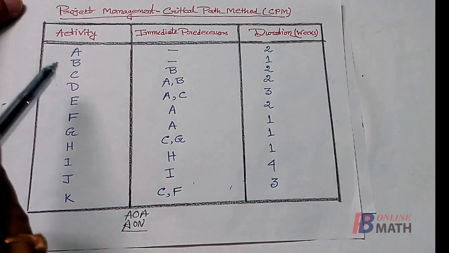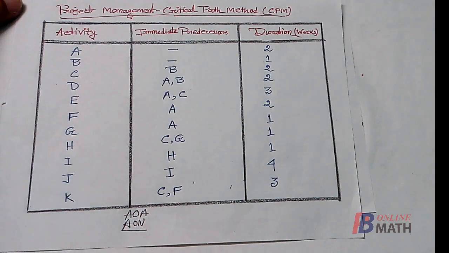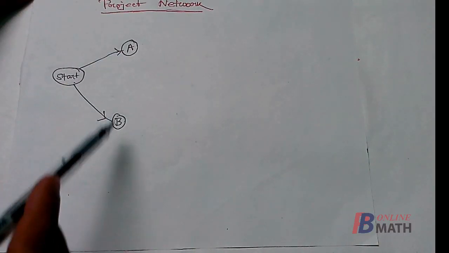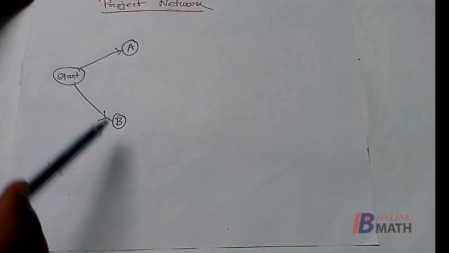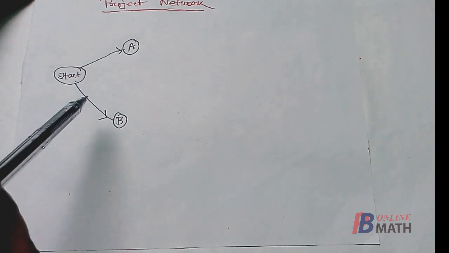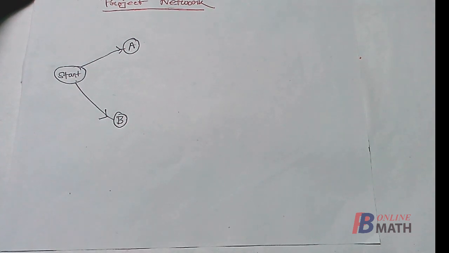That means we can start the activities A and B simultaneously from the start. So here we have drawn two nodes A and B that represent the activities A and B respectively, and here we find that the activities A and B have no immediate predecessors. So from the start we can simultaneously start both the activities A and B.